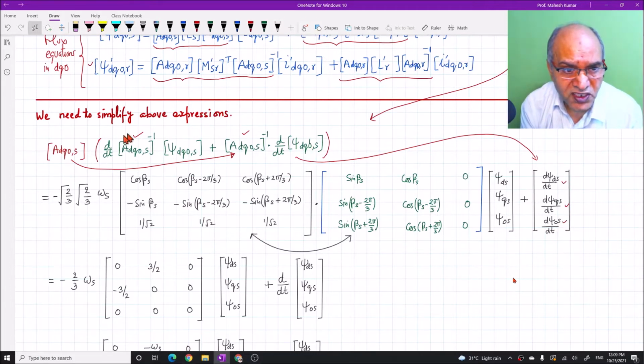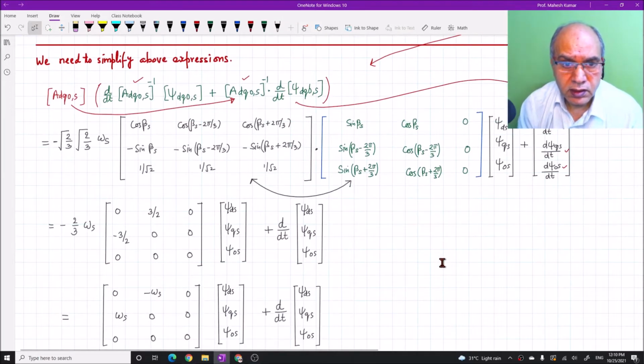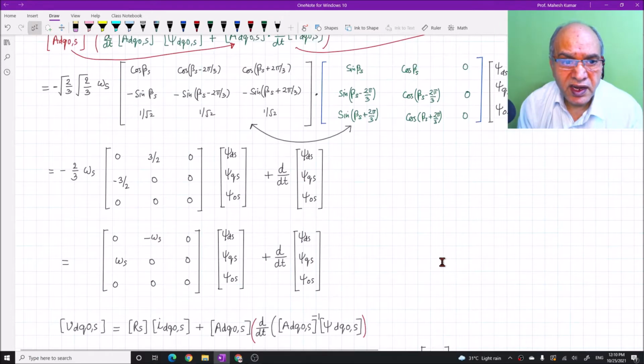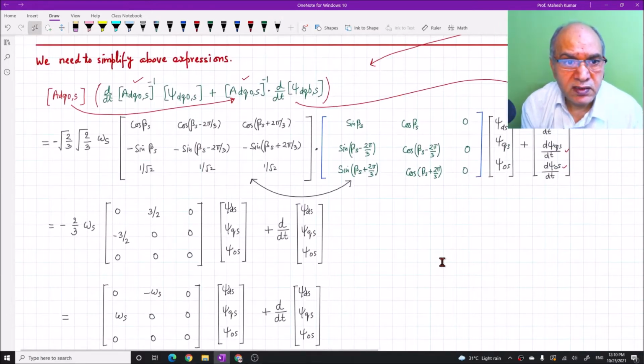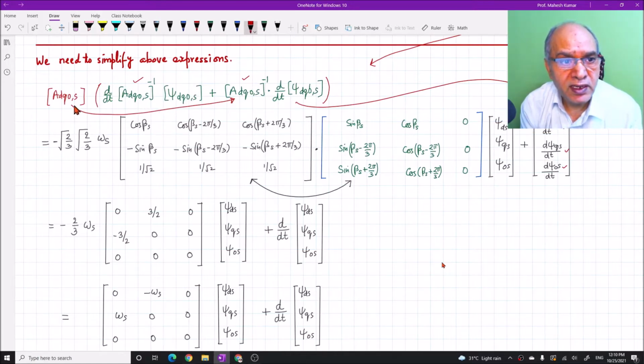And the first term, which is A_dq0s into d/dt of this inverse into psi_dq0s, is simplified here by multiplying these two quantities first. If we multiply this into this, we already found this matrix earlier. The matrix was minus omega s and all these elements, sine beta, cos beta s.